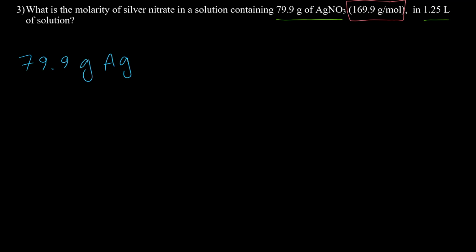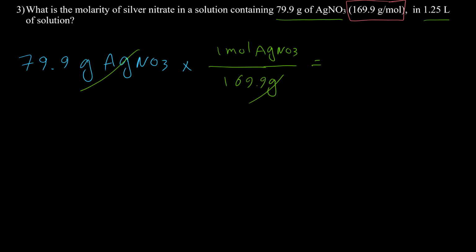So 79.9 gram silver nitrate times 1 mole silver nitrate per 169.9 gram. The answer is equal to 0.470 mole. So right now we have mole, n is equal to 0.470.